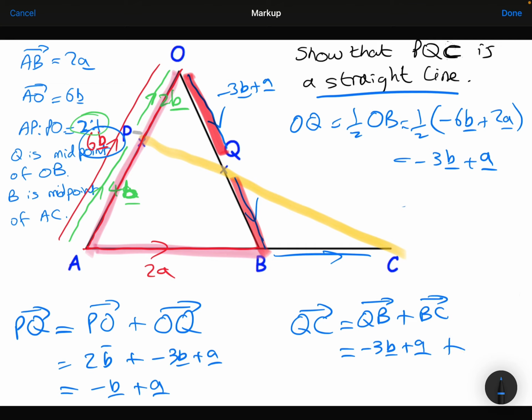The vector BC, across here, well, that's going to be the same as the 2a because I know it's in the same direction and I know that B was the midpoint. Now if I collect those terms together, I get minus 3b plus 3a.